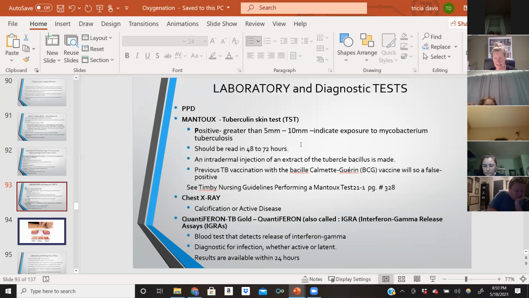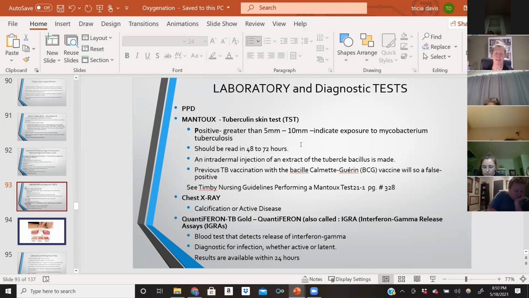Previous TB vaccines can cause a false positive. So if your patient says, I've been vaccinated against TB, and they get a positive, then you know that's why. If you want to read in depth about performing that test, you can on page 328. Box 21-1 goes into a lot of detail.